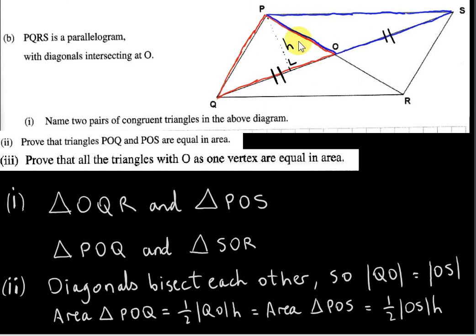So the area of triangle POQ is half its base, taking QO as base, times the height H, and the area of triangle POS is a half of OS times H. But since QO is equal to OS, we see that the areas are the same. So these values will be the same.